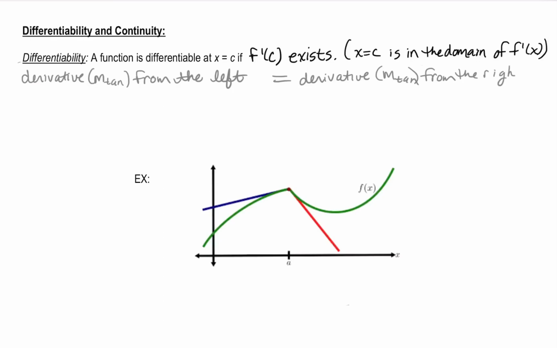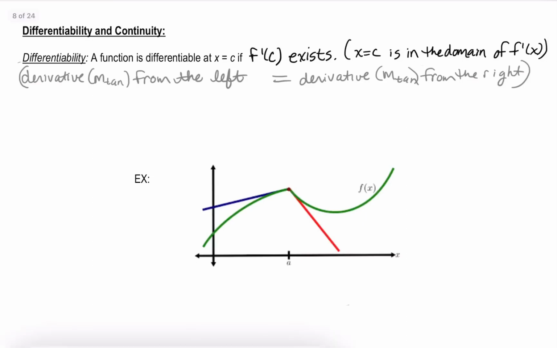We've spent a couple of sections talking about the limit definition of the derivative. So we need the slope of the tangent line from the left to equal the slope of the tangent line from the right. That's a nice way to have it phrased in your head.